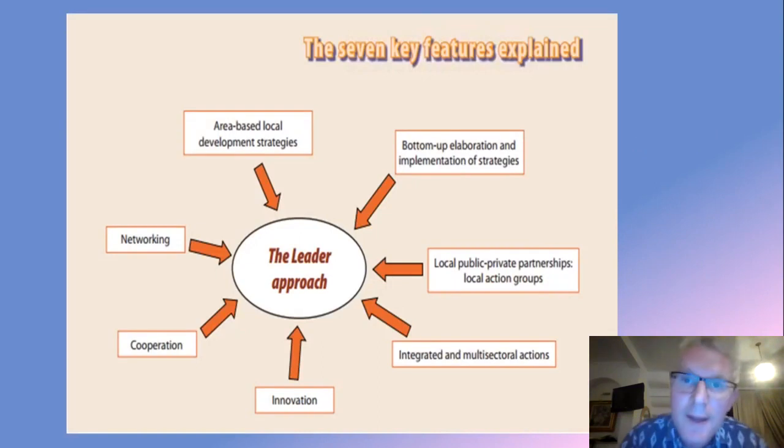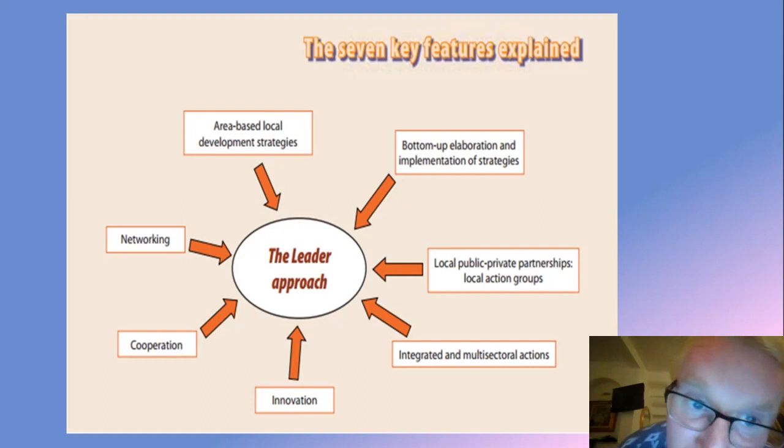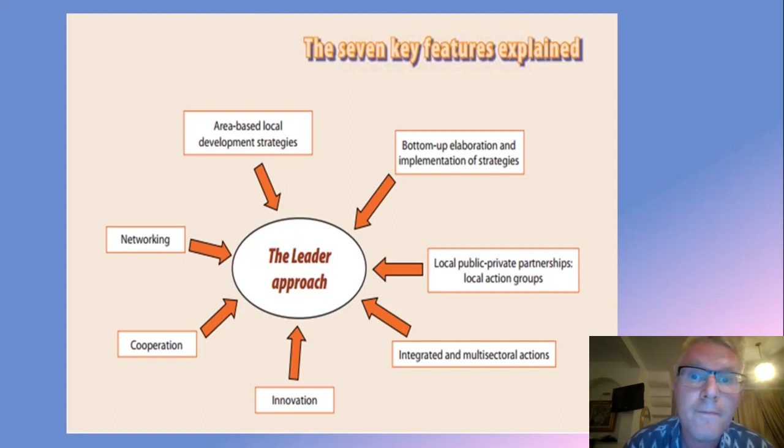And when we look at the seven key features associated with the LEADER approach, one is that it's area-based. It develops an area-based local development strategy, and this local development strategy is evidence-based. All key stakeholders within the area are consulted.